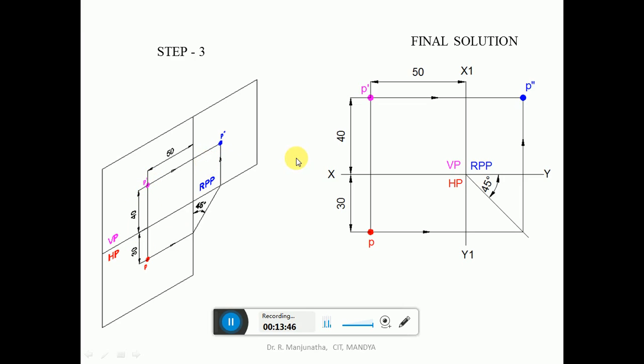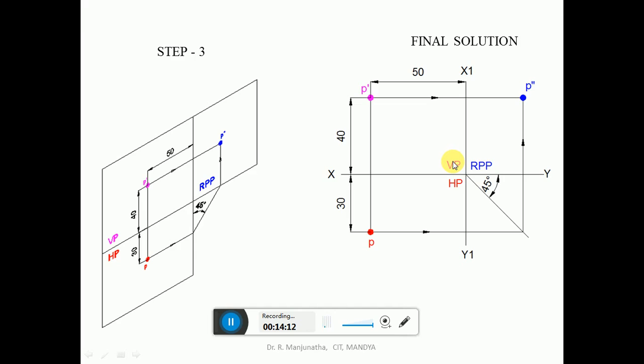Now how to write the sketch in the sketchbook? First we draw the XY line and the X1 Y1 line, which are thin lines, and mark XY, and then the right profile plane is given. So the right profile plane, you write it as RPP, on the right side of the X1 Y1 line.